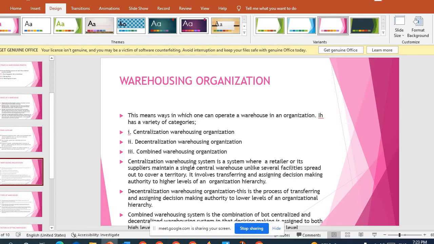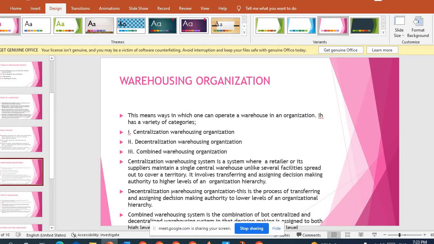Yes, madam. Okay, centralization system is where the retailer or its suppliers maintain a single central warehouse, unlike several facilities spread out to cover a territory. Decentralization is the process of transferring and assigning decision-making authority to lower levels of an organizational authority.